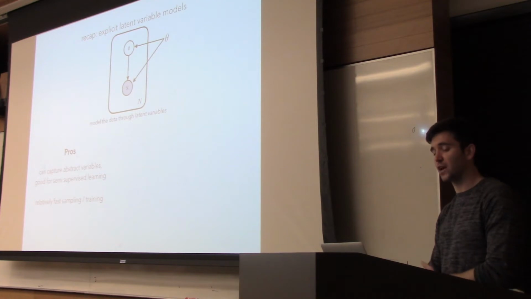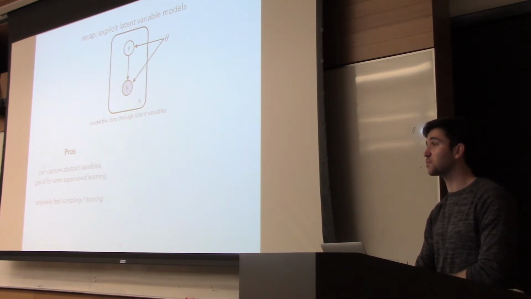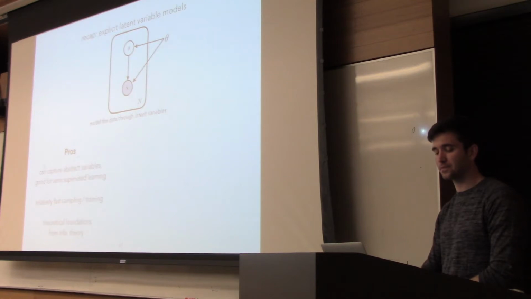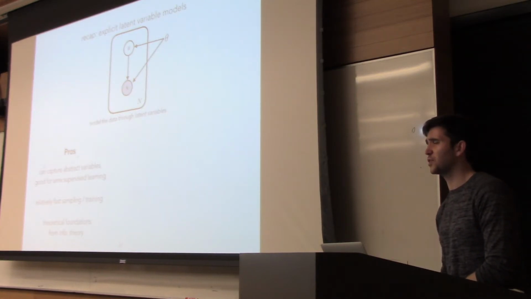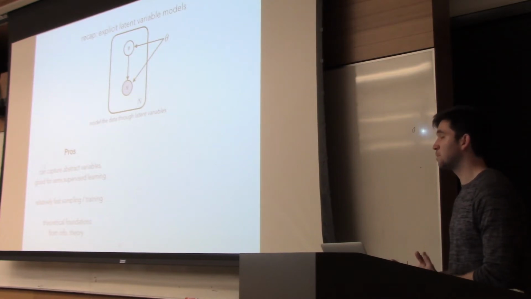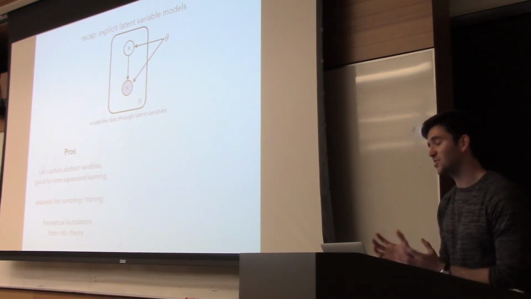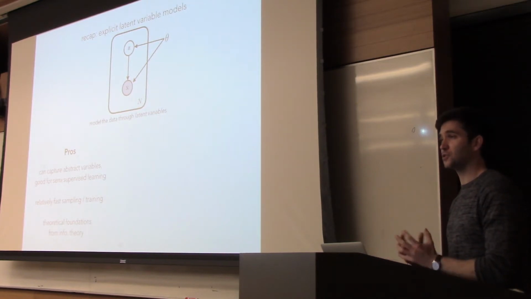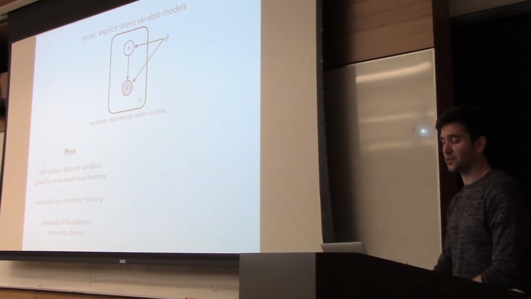It's relatively fast to sample from and train these models compared with the autoregressive models we talked about before, because it's typically just one pass through the model. And there are a lot of really nice theoretical foundations from information theory. There's a lot of work that's only just recently started to be ported over to machine learning and deep learning, so there's a lot of room for improvement.